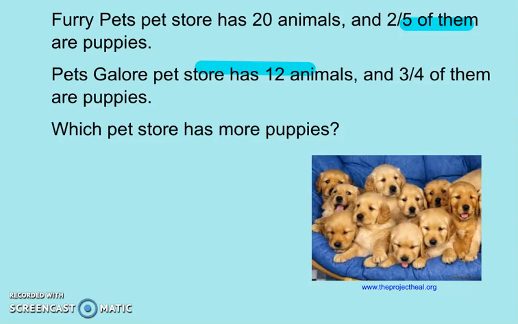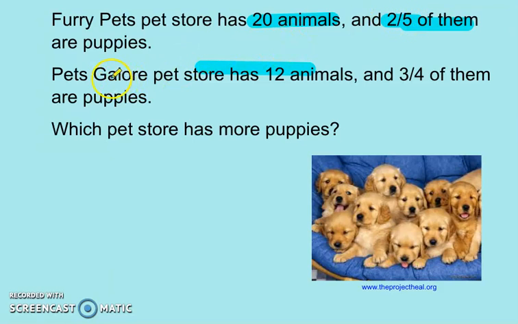Furry Pets pet store has 20 animals and 2/5 of them are puppies. Pets Galore pet store has 12 animals and 3/4 of them are puppies. Which pet store has more puppies? Well, our key information: we have 20 animals at the Furry Pets store, and 2/5 of them are puppies.